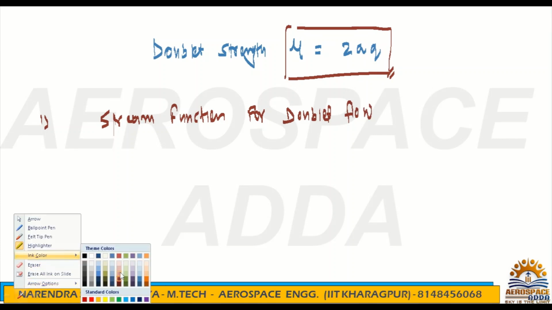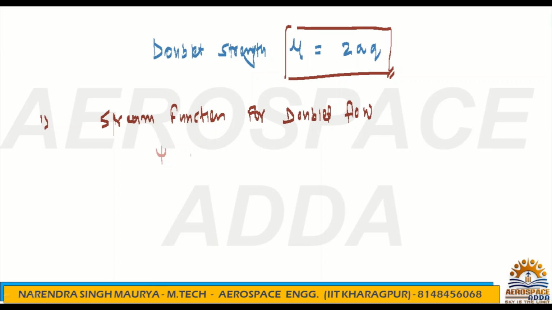What is the stream function for doublet flow? Psi is nothing but minus q upon 2 pi. This is the one derivation, but formula you have to remember. 2a sin theta by r. Okay, 2a sin theta by r.